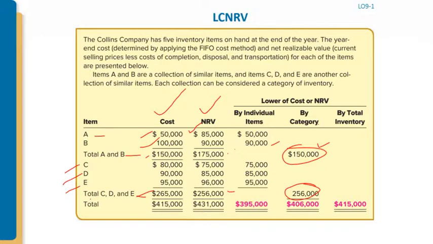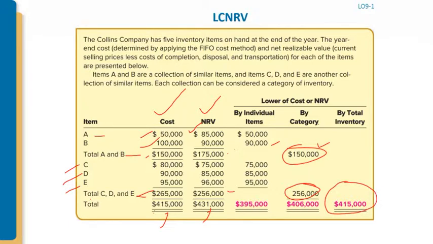So now by category, we have a total of 406, and by individual item 395. And here by total amount, cost is 415 and NRV is 431. We will compare between these two, and the lower one is 415. So we have taken the 415.